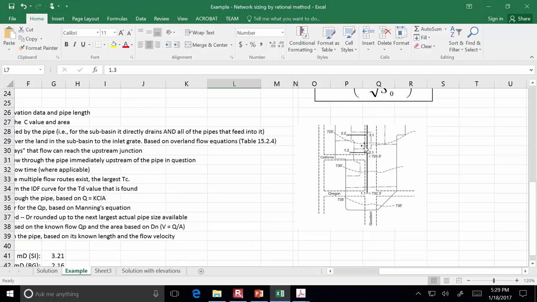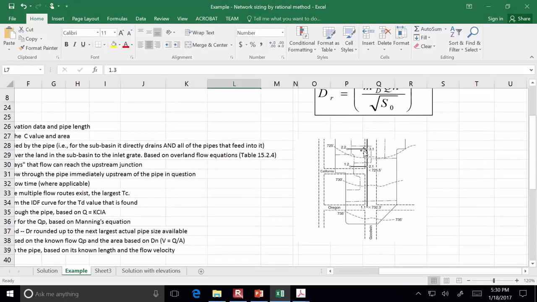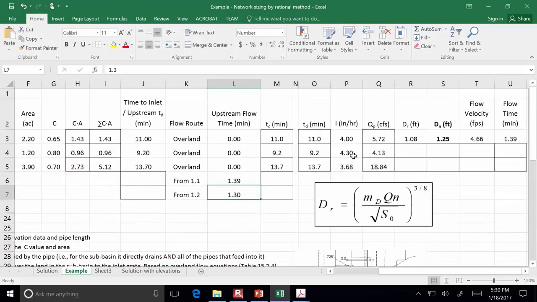The size of pipe C depends on not only the water that's coming over the surface, but also the water that came in at this junction and the delay time. Because the travel time in pipe A and the travel time in pipe B has an effect on the size that's required for pipe C. And so that's why over here I'm going to include the 1.39 there, and so I can take that same formula and apply it down to these other ones.